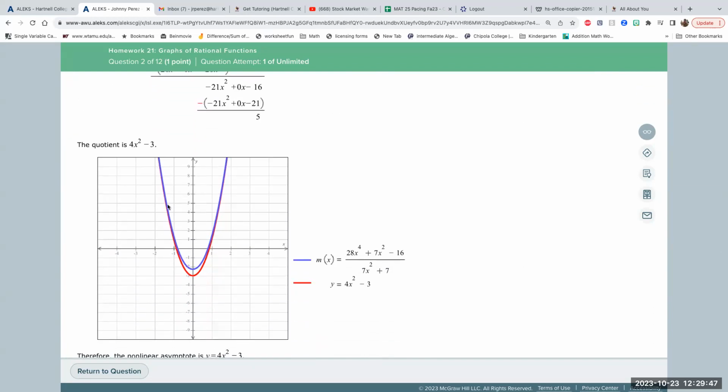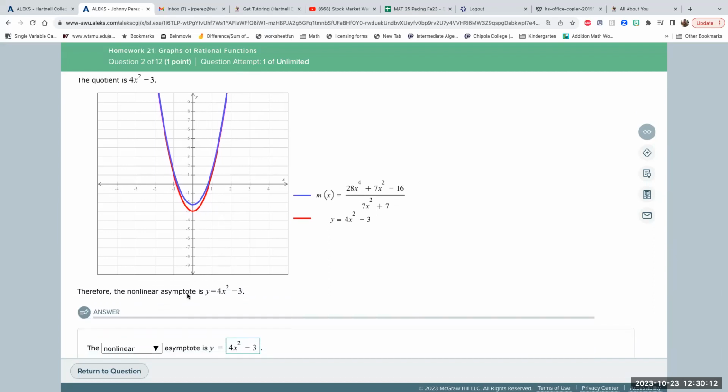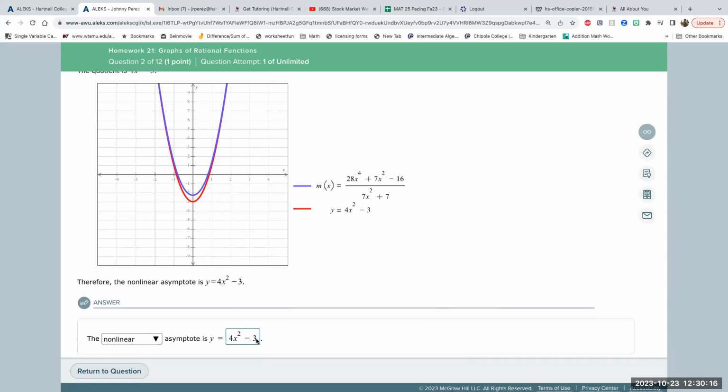It's going to get really, really close to this red parabola as our x values get really, really big and as our x values get really, really negative. The closer I go off to negative infinity, the closer this blue line is going to look to the red line. But again, it's never going to touch. So we say this is a non-linear asymptote, because it's not a line, and this is the equation of it.